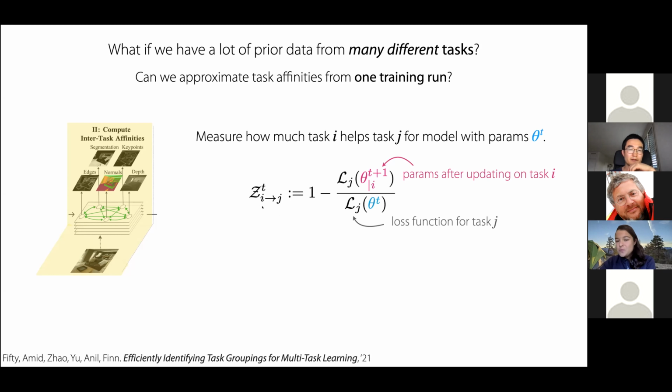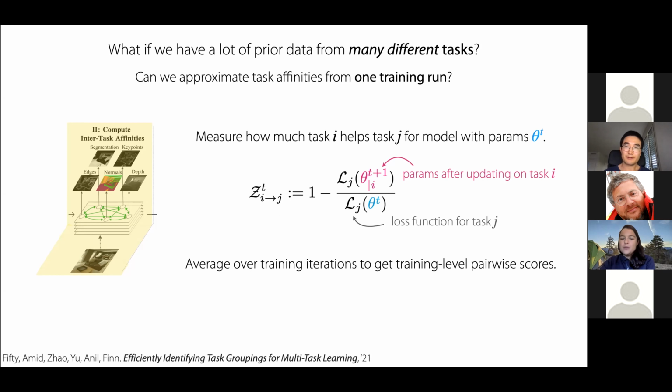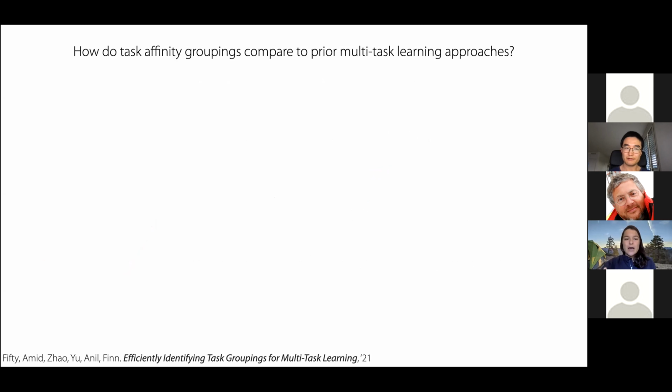This is for a particular model at a particular time, but you can average this metric over different training iterations to essentially get these training level pairwise scores between each pair of tasks. And so this gives us this training level affinity score for different tasks. Once we have that, we can ultimately use that to determine our groupings of tasks and then train on those groupings.